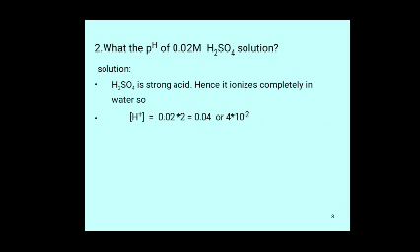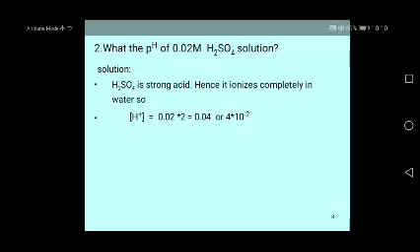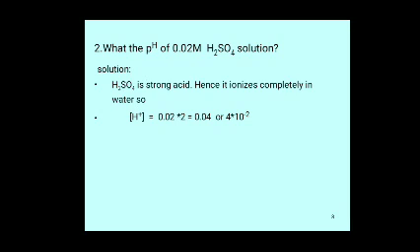So H plus ions is equal to molarity into basicity, that is 0.02 into 2, which is 0.04, equal to 4 into 10 to the power of minus 2 N.